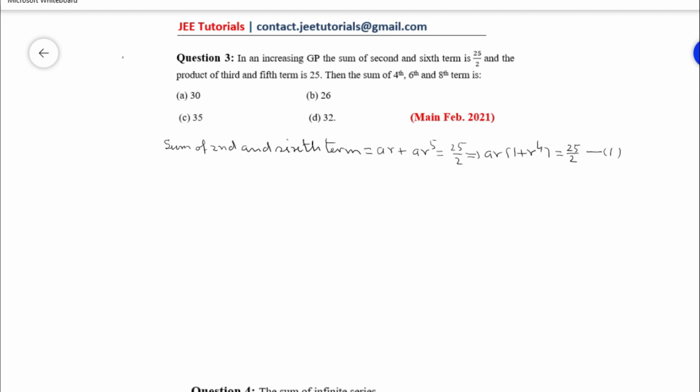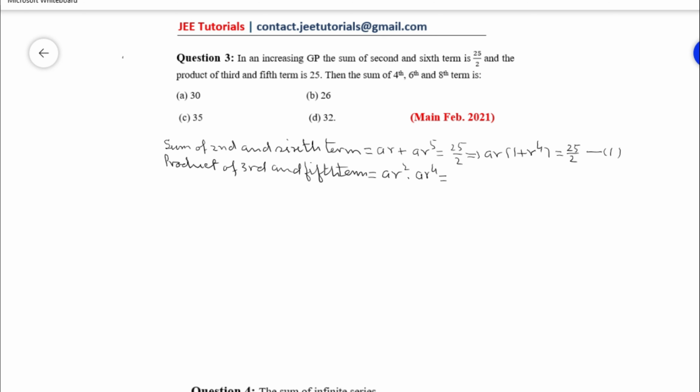Product of third and fifth term equal to third term AR square into fifth term AR to the power 4.